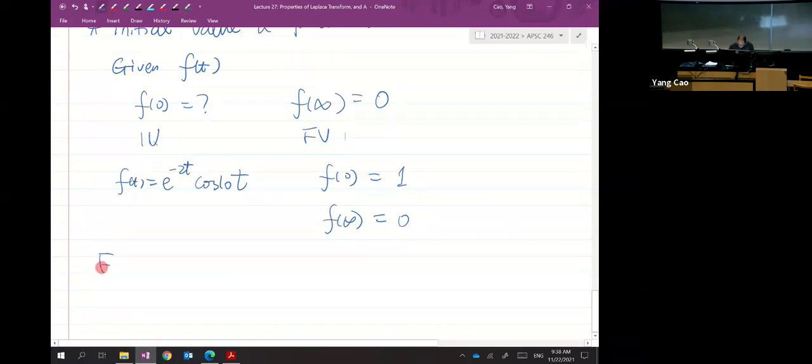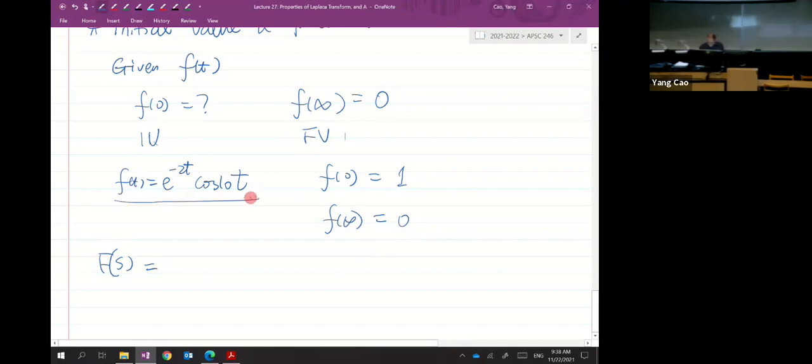Now, alternatively, this is basically the property we're going to show here. Alternatively, we can also get this initial value and the final value after we convert the function f of t into an s function using a Laplace transform. So let's do that. Here's your f of t.